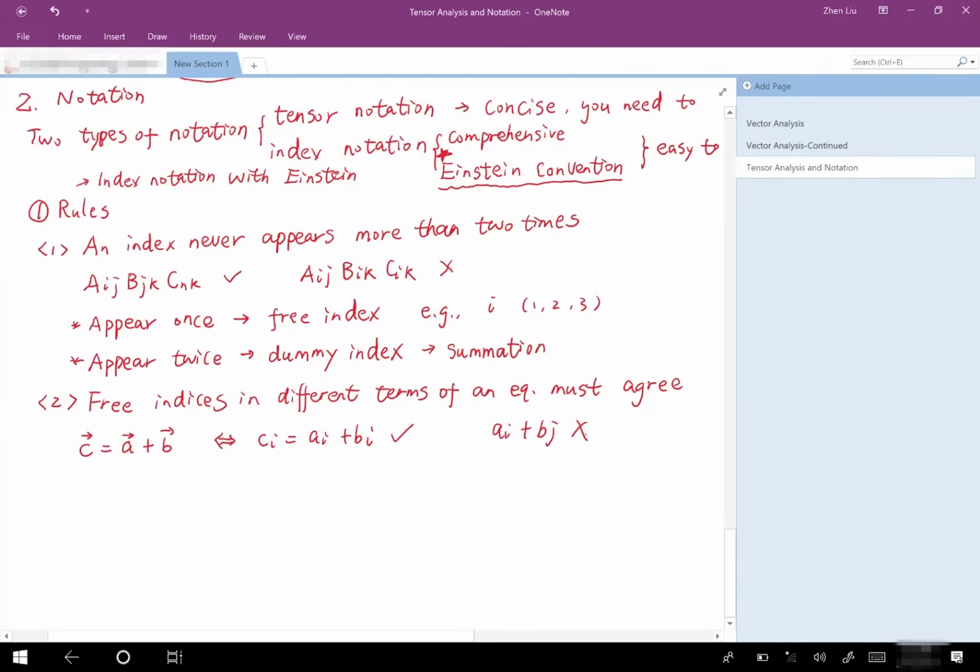And let me give you another example. For example, if we say a vector A equals A B and x, if you want to write it using index notation with Einstein convention, it's just like Ak equals Aij Bjk and xi.